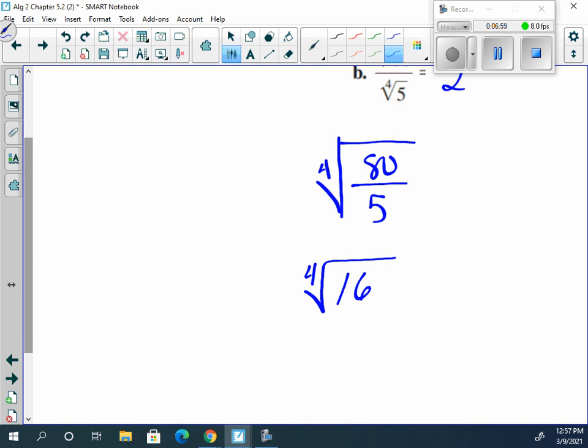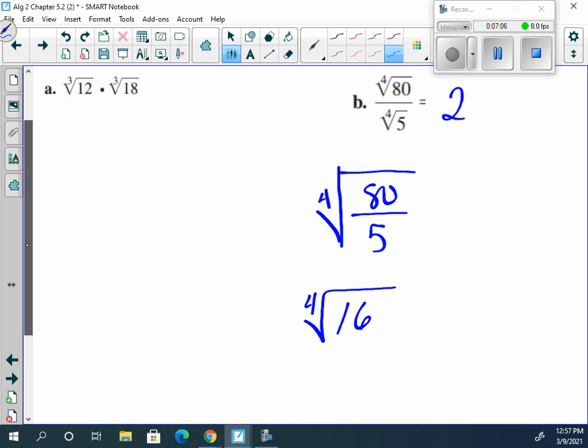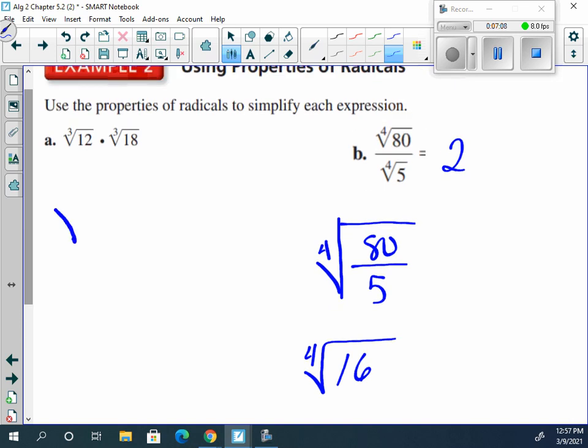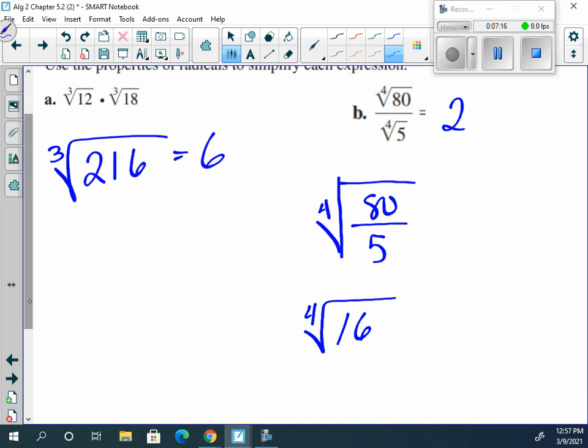So I was getting asked on the last question, couldn't we have just done 12 times 18, just like we just did 80 divided by 5? Yes. That would have given us, I think it was 216. And then you could have just plugged it in like that. Yep, 216 is the same as 6 cubed.